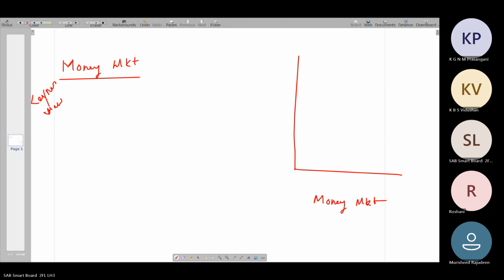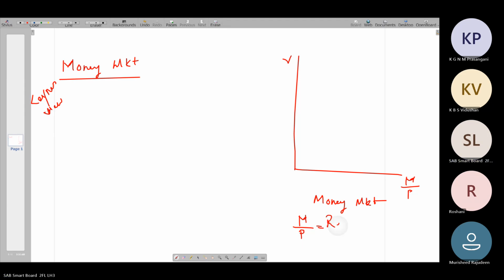This is the interest rate, and this axis is the real money balance, M over P, that is the money stock.